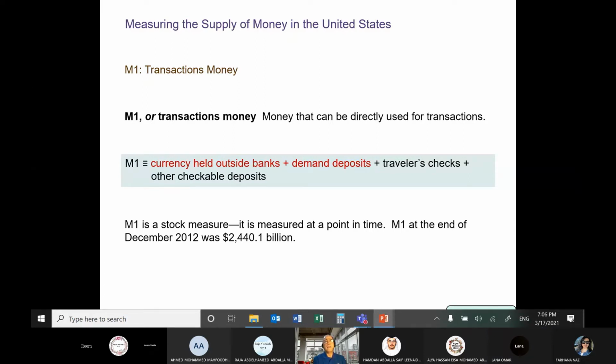Money included in M1 can be used directly and easily to make a transaction. Think about going to Carrefour to buy something, and you can use these kinds of money to purchase a bottle of milk. This is transactions money.